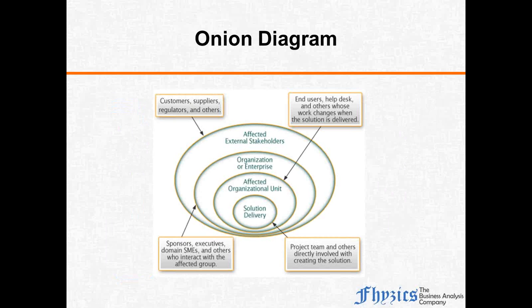So if you see these 4 layers, we can group them into two buckets. Solution delivery, which is layer 1 starting from the innermost, and layer 3, the organization or enterprise layer, are all the people capable of affecting this project, right?